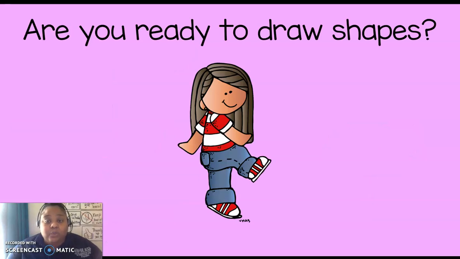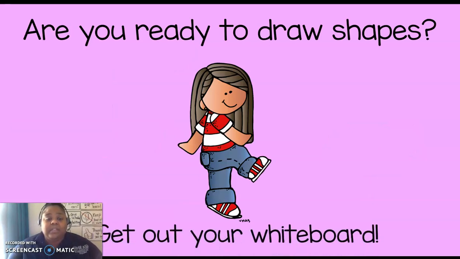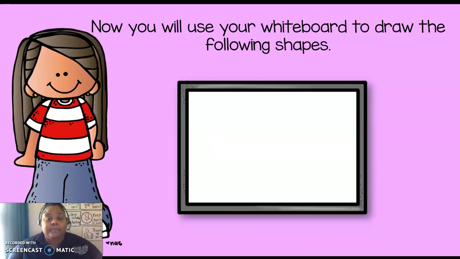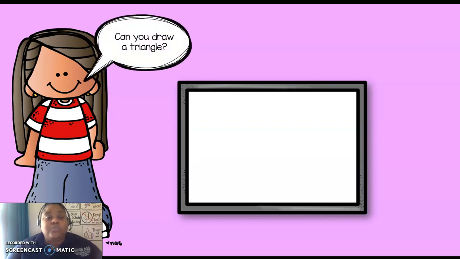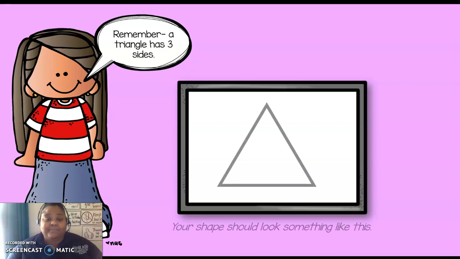Are you ready to draw some shapes? Get out your whiteboard or piece of paper. Now you will use your whiteboard to draw the following shapes. Can you draw a triangle? Remember, a triangle has 3 sides. Your shape should look something like this.